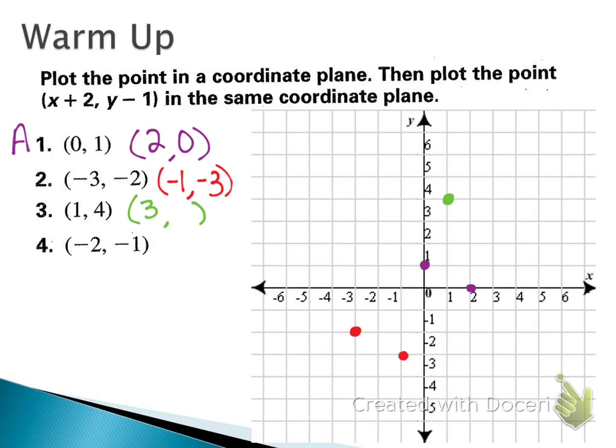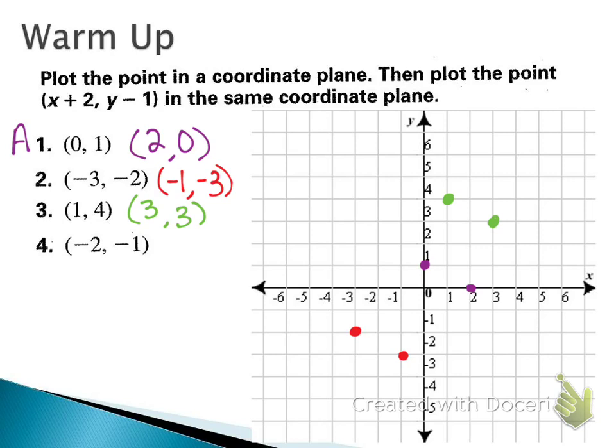Nope. 3 and 3. Not a negative, it's just 4 minus 1. 4 minus 1 would be 3. Are we all okay with 3, 3? How do we get to that point? Right 3, up 3.